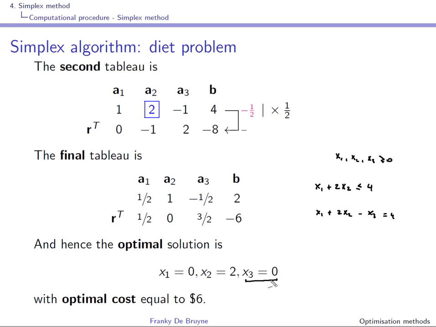So here you see that x3 is equal to 0. So this means that in the initial inequality constraint we have indeed equality over here. So when the surplus variable, it will also be the case if it is a slack variable, is 0, it means that the corresponding inequation in the original constraints is met with equality.